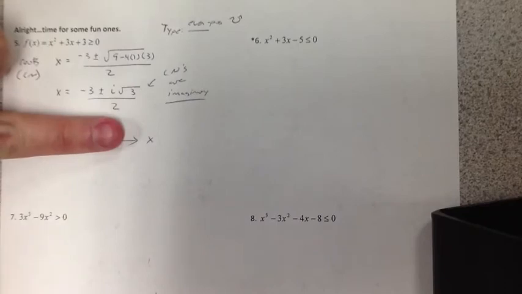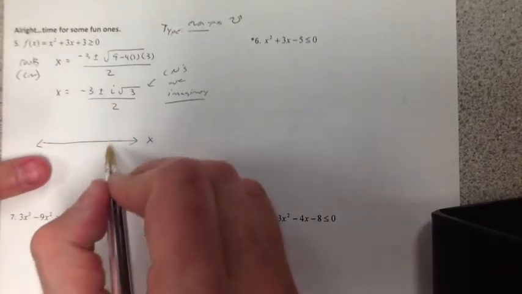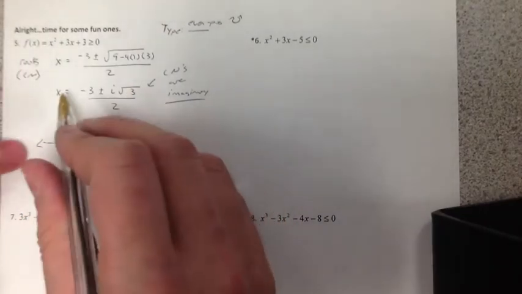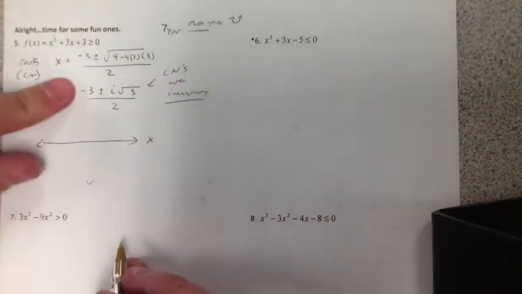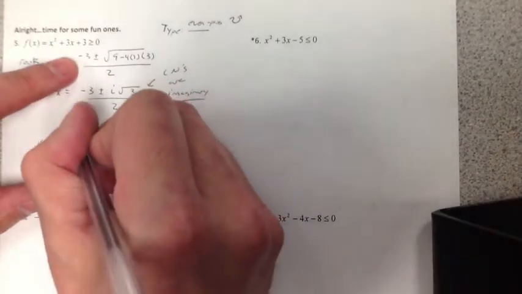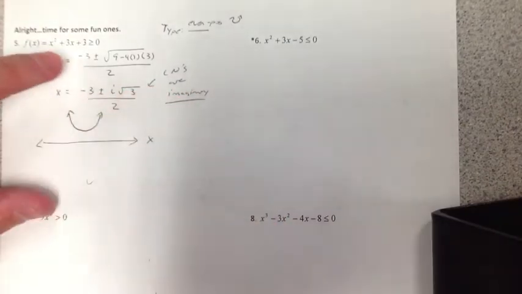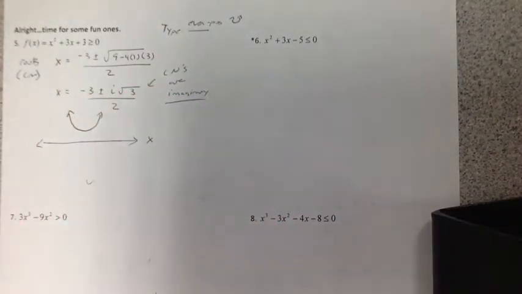If here's my x-axis and I put it below, my parabola will eventually cross the x-axis. Even if you put it down here, it'll go up still. So the only place for this to be is above the x-axis. And there's my parabola. Not exactly pretty, but we know it has to be above the x-axis.